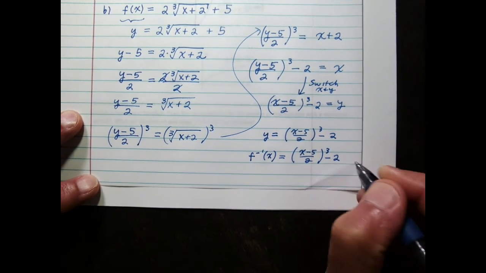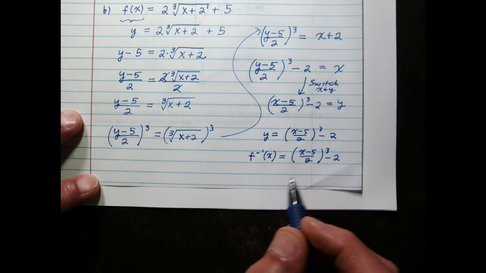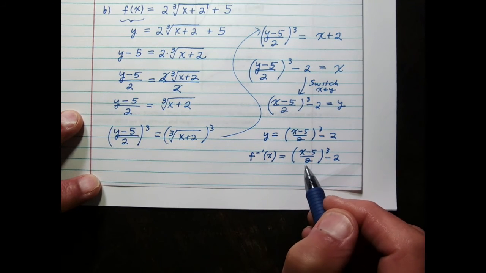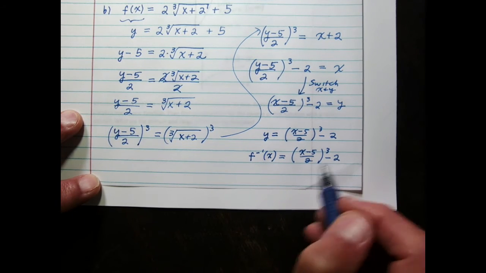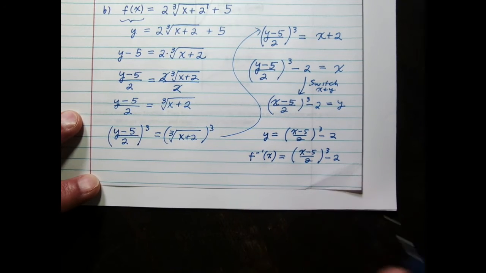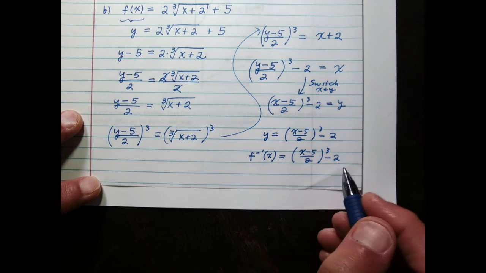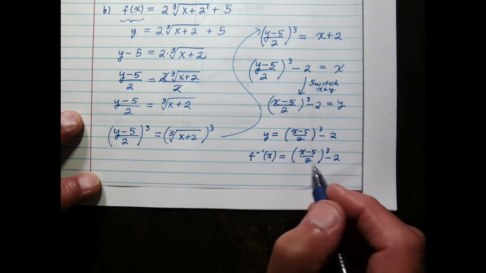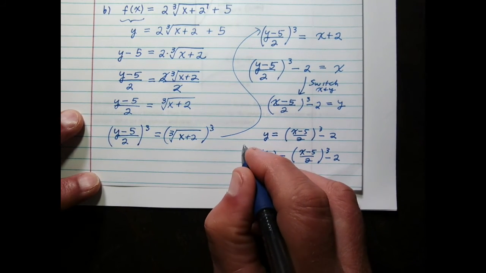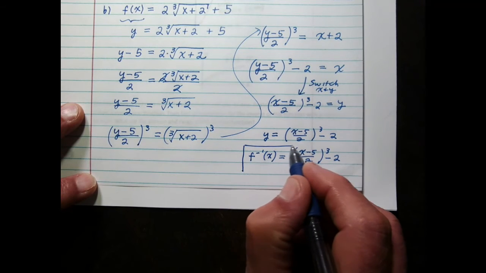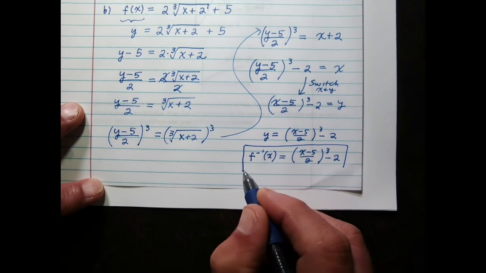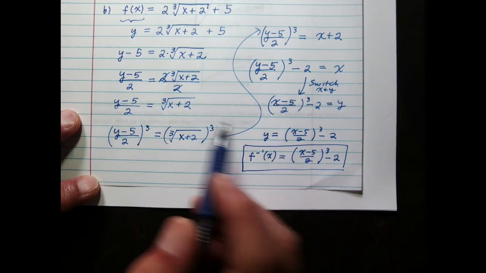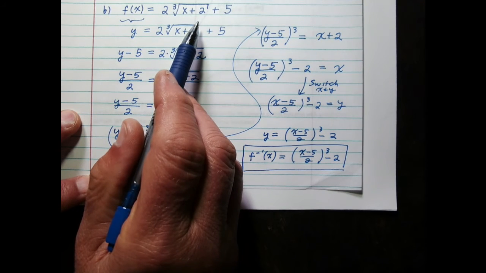I'm really just recopying the right. Now, please don't tell me you're at all tempted to cancel these two 2's, because that's absolutely not happening here. We're not multiplying fractions. And there's really nothing reasonable to do with that. We just want to leave it the way it is. There's the inverse function for that original function f.